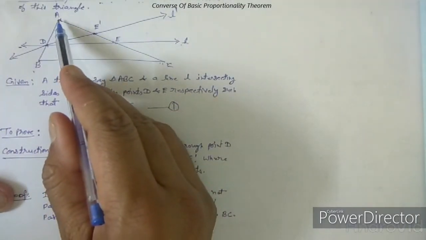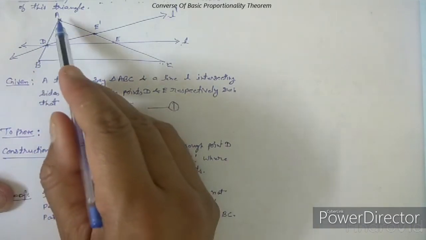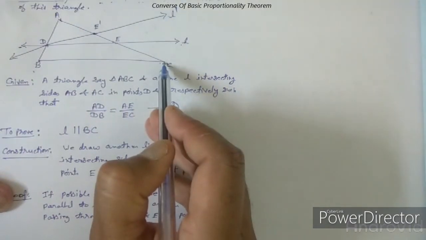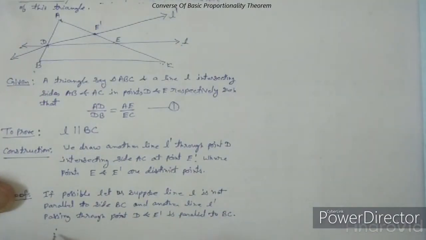That is, we will have AD upon DB equal to AE dash upon E dash C. Suppose this is equation number 2, and reason for this is basic proportionality theorem.